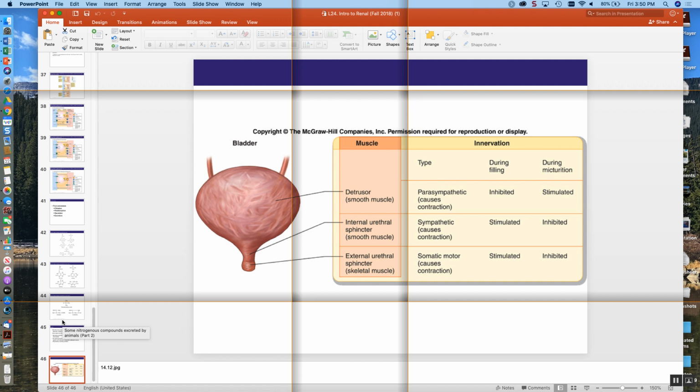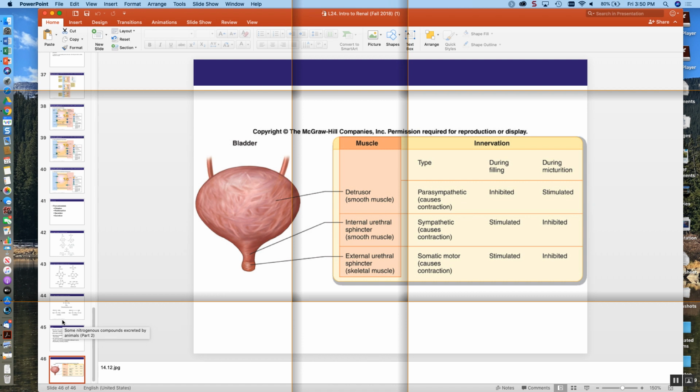This is parasympathetic, I mean, this is involuntary. Also, the sympathetic is controlling the internal urethral sphincter. So it's usually stimulated to contract during filling, but then inhibited or relaxed during urination.